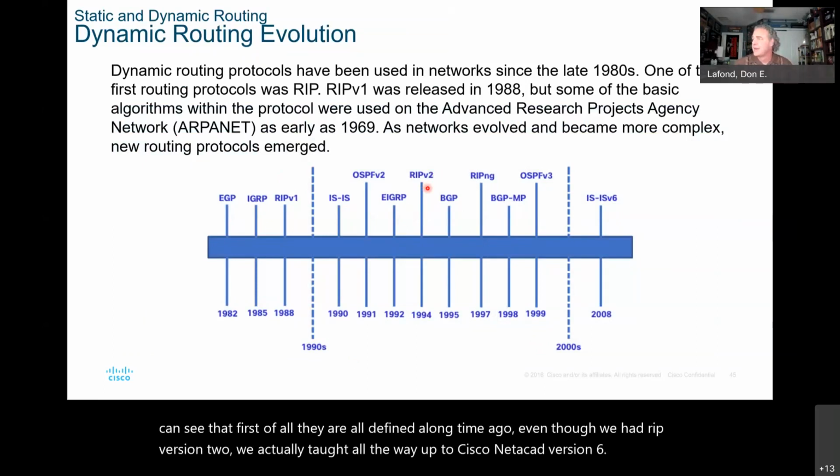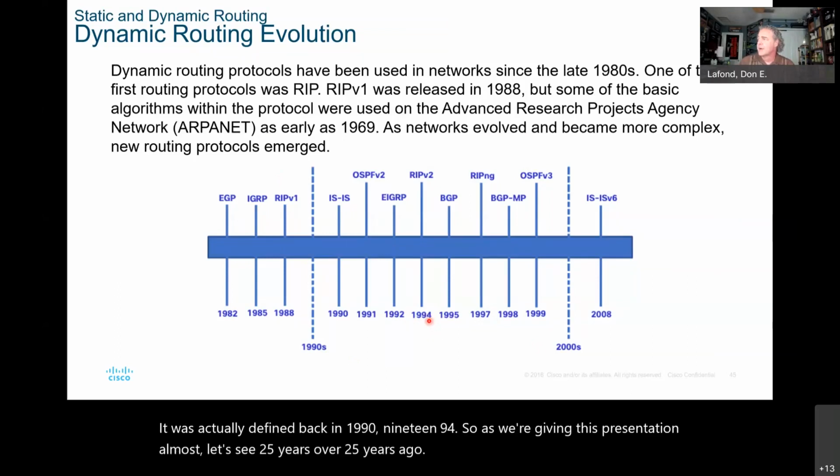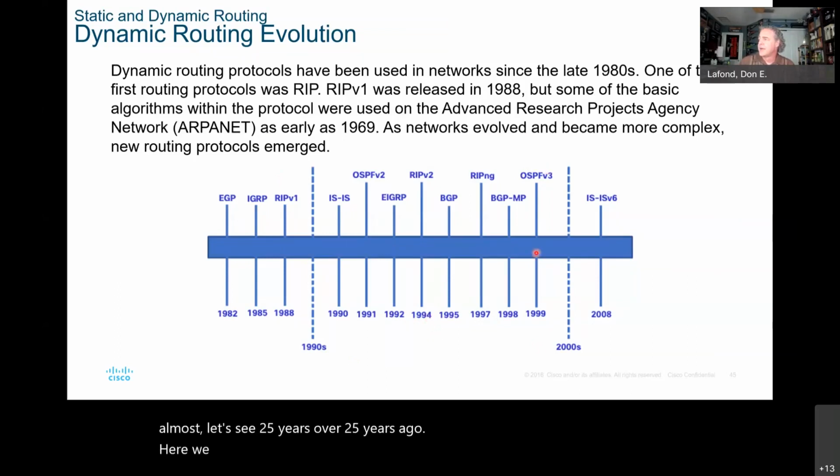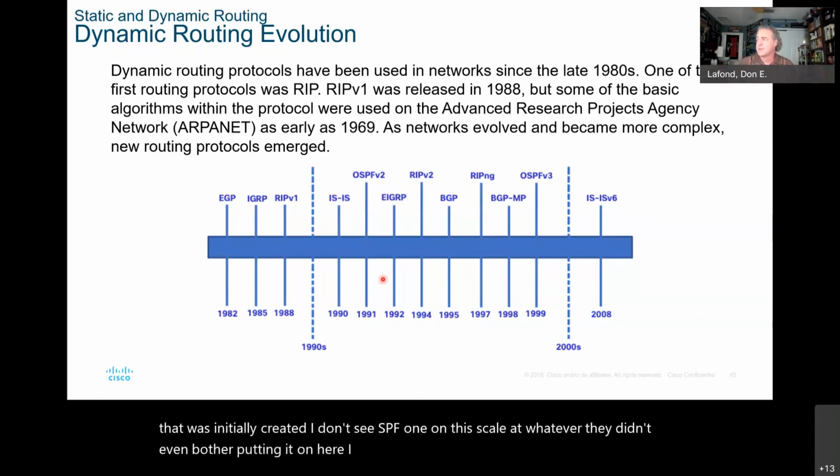It was actually defined back in 1994, so as we're giving this presentation, that's over 25 years ago. Here we have OSPF for IPv6, and the upgraded version of OSPF that was initially created. I don't see OSPF 1 on this scale. Whatever, maybe it started with 2. Here's RIP way back when, and here's RIP upgraded.